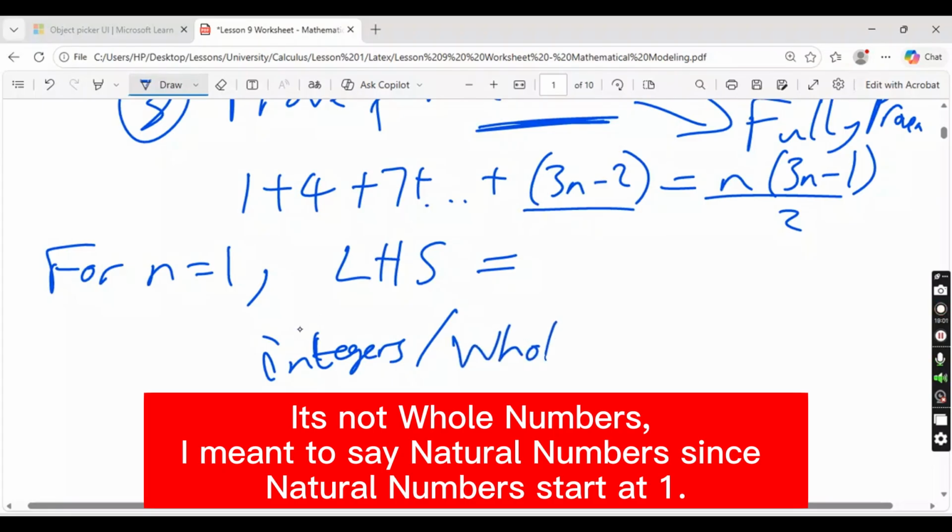Whole numbers, yes, that's the word I was looking for.